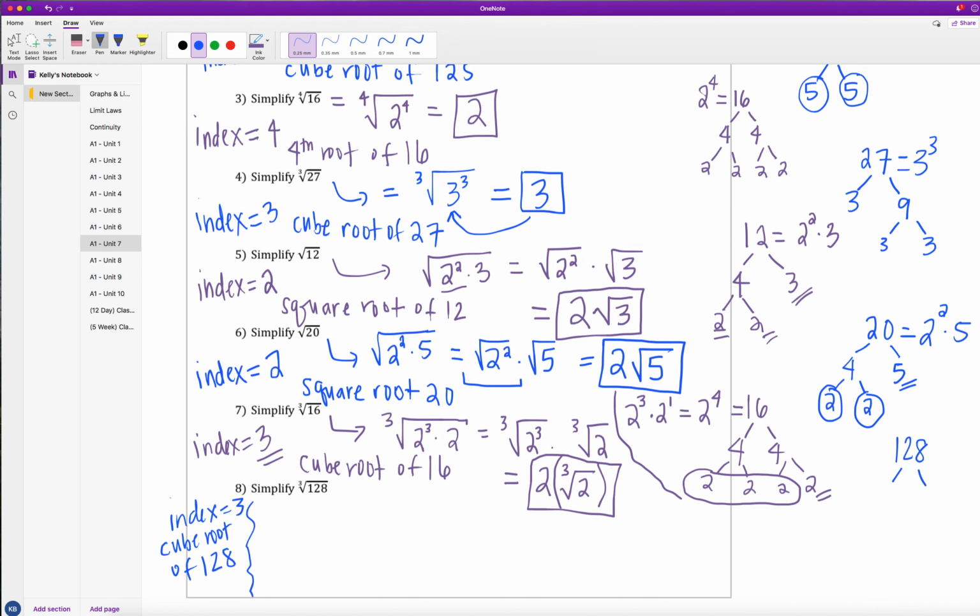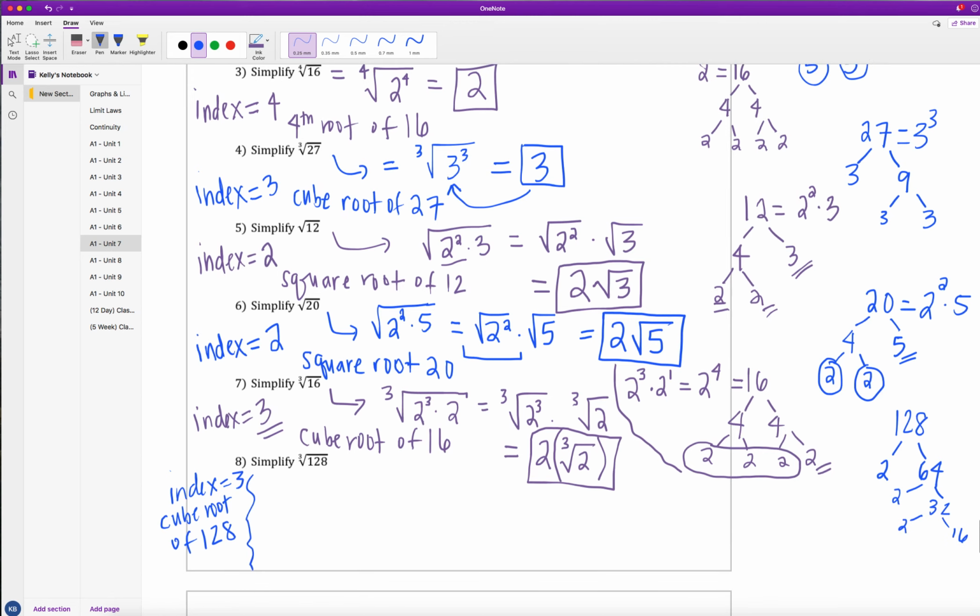So 128, well, I know it's divisible by 2 since it's an even number, so I'm going to go 2 and 64. Since 2 times 64 is 128. Then from there, I'm going to just keep factoring with 2's. So I end up with 2 times 32, and then 32 can factor as 2 times 16. Probably going to need a little bit more space.